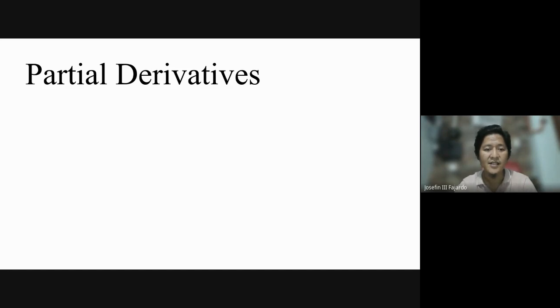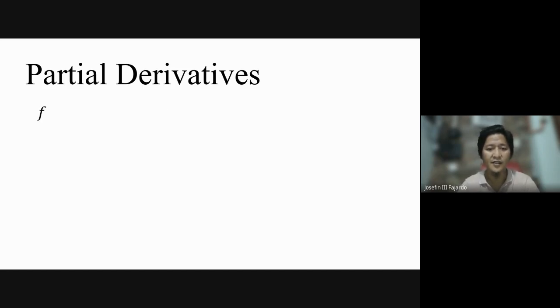So partial derivatives are just the usual derivatives that you know. The difference is that before, whenever we took the derivative, there was only one variable on the right side. For example, I have an equation.